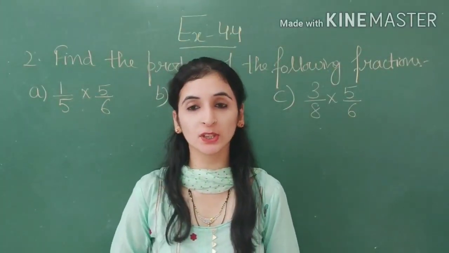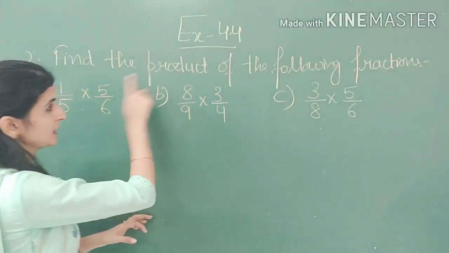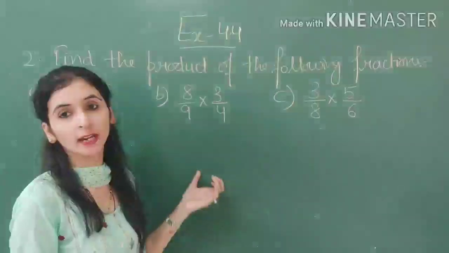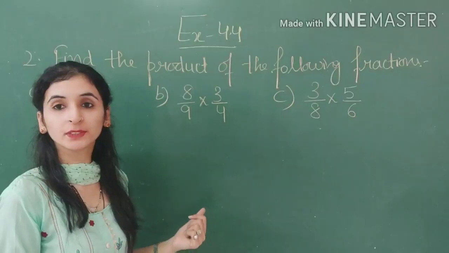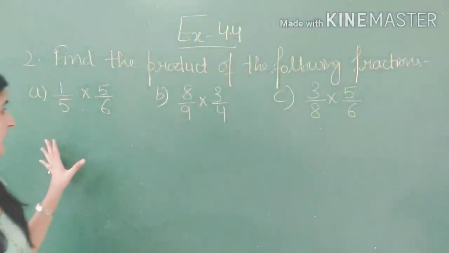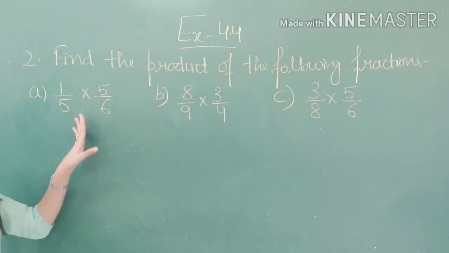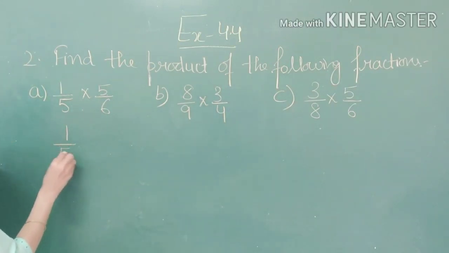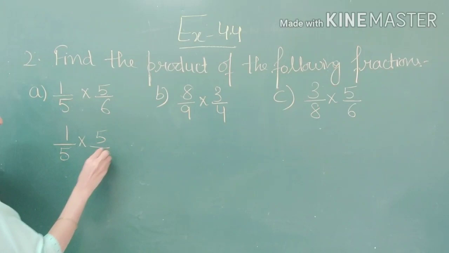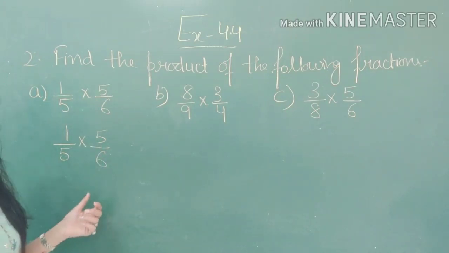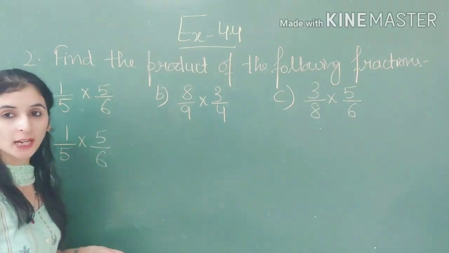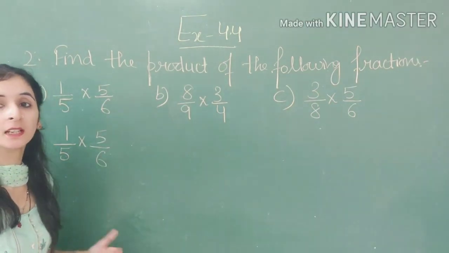Yes, the second question here is find the product of the following fractions. Here we have to find out the product of the given fractions. And the A part is 1 by 5 multiplied by 5 by 6. So this is the question. Now children, we all can see that this denominator 5 and this numerator 5 both have common factor 5.